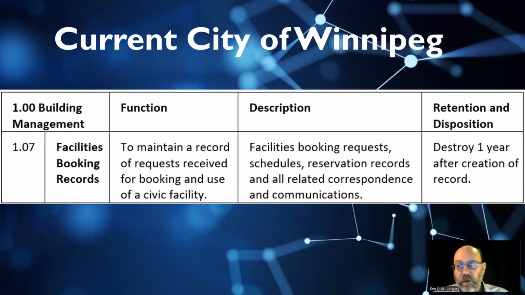All right. There is a second implication behind destroying records individually, and that is if you have a file folder that tells a story, in this case about a facilities booking, and you destroy things record by record, you will start slicing off the information that comprises this file folder day by day. And you will at some point have an incomplete file folder with partial records contained within it.